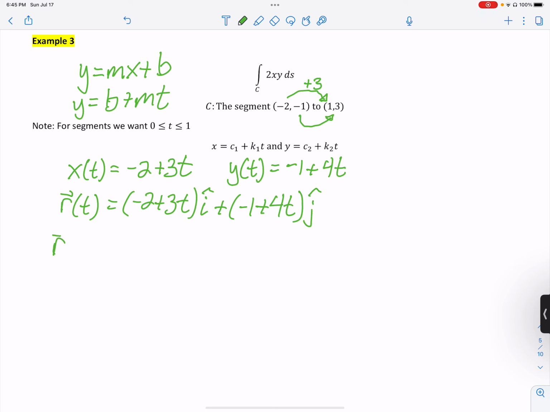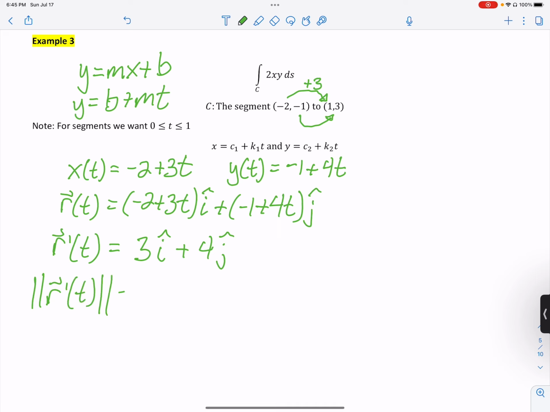All right, we need the derivative of that thing. So we get 3i plus 4j. I like those numbers because this is going to be much easier. The magnitude of a 3 and a 4, right, that's square root of 9 plus 16, which is 25, which gets me a 5. This is great.